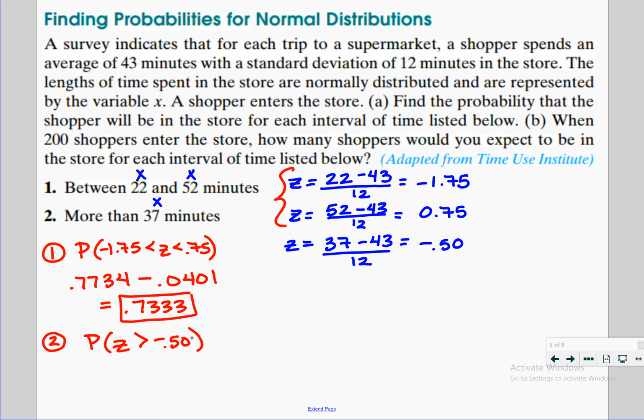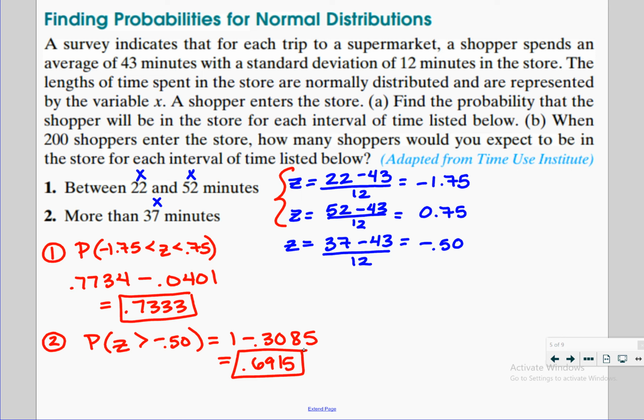All right, if I look up negative 0.5, I get 0.3085. And then, because it's greater than, I'm going to do 1 minus to get my final answer on that one. 0.6915 is that probability.